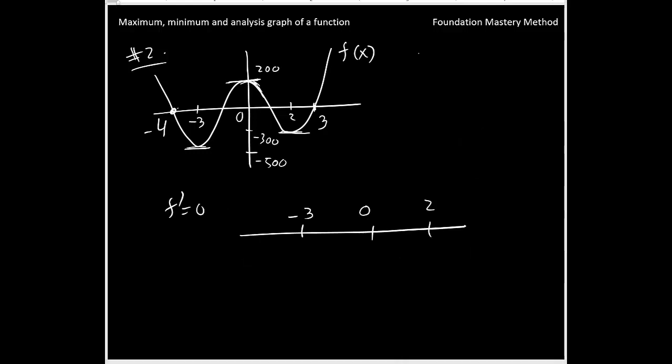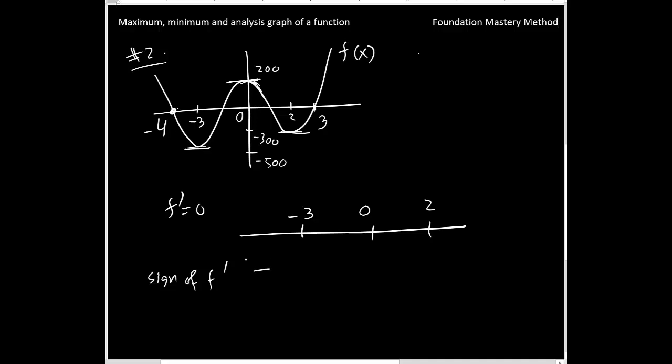So we see f prime is 0 at -3 because you have a horizontal tangent, and then also at 0 and at 2. Now if we look at the sign of f prime, you can easily see all the tangents you draw until -3 have negative slope.